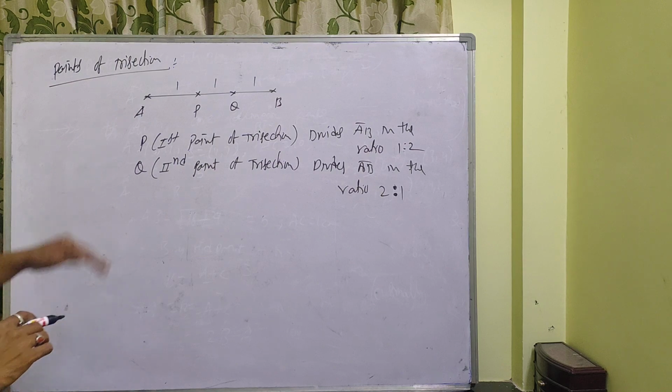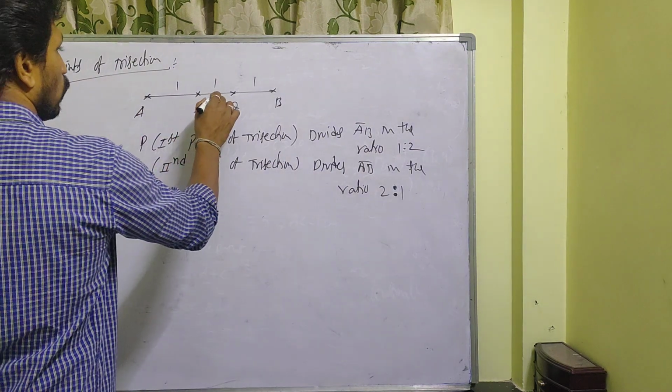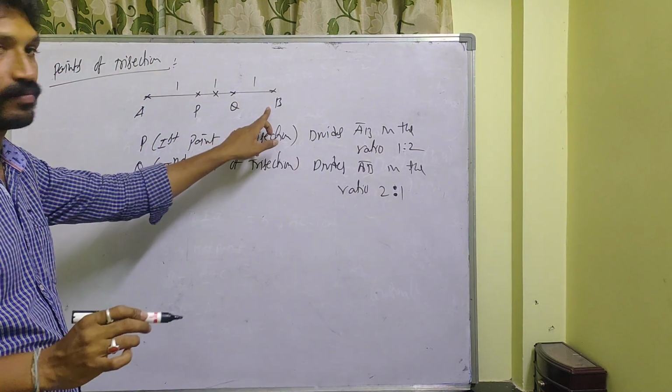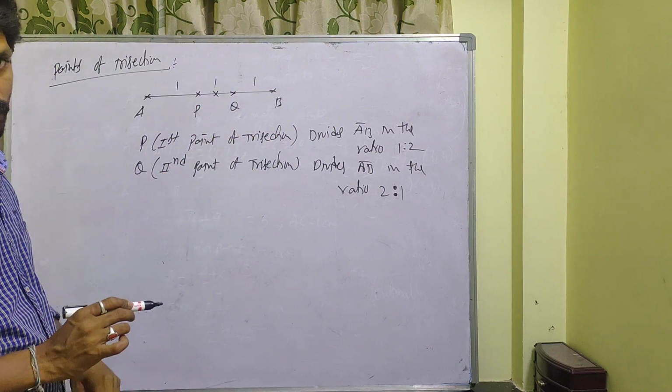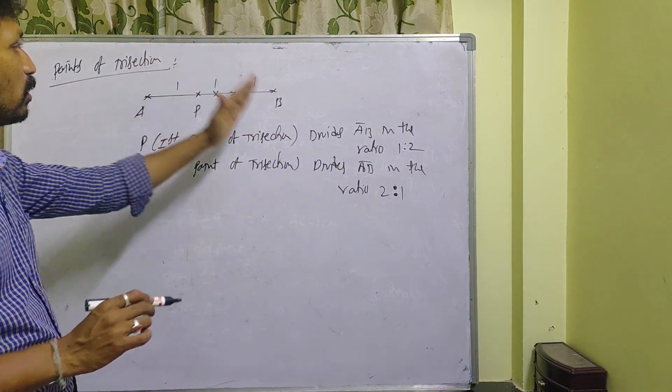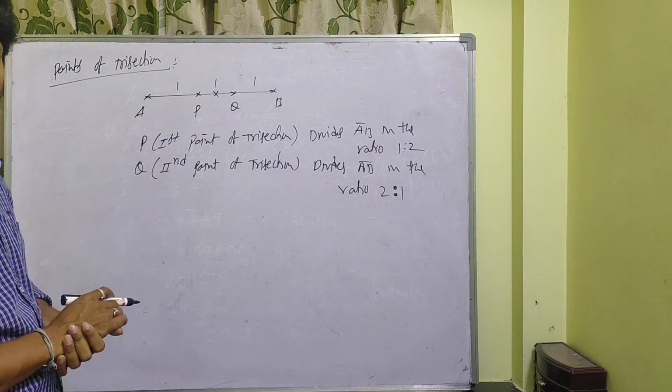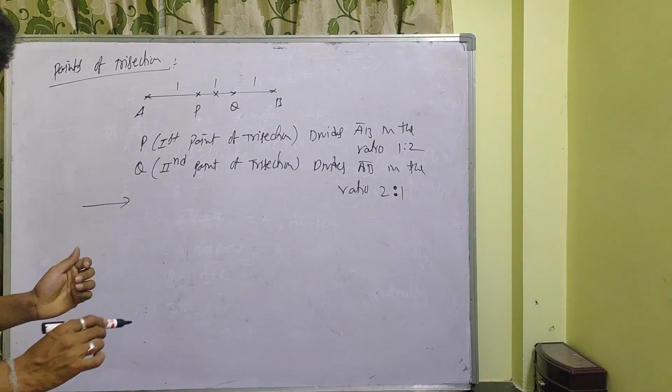Now, if you want to find the midpoint of AB or the midpoint of PQ, here the midpoint of AB is nothing but the midpoint of PQ only. That is the first point you should remember.